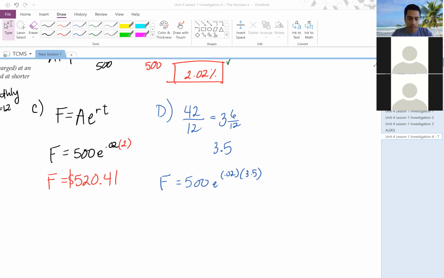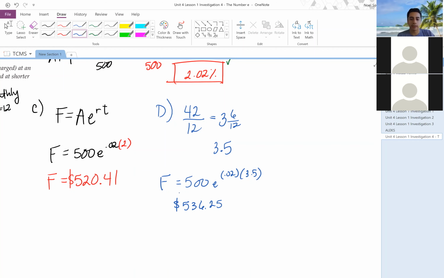Power, there you go. After 3.5 years, you're looking at a final value of $536 and 25 cents. 536 with 25 cents.